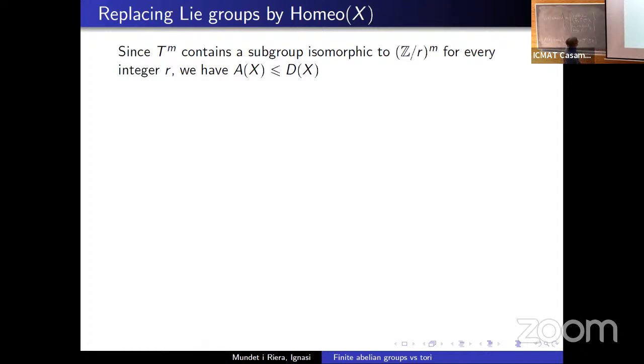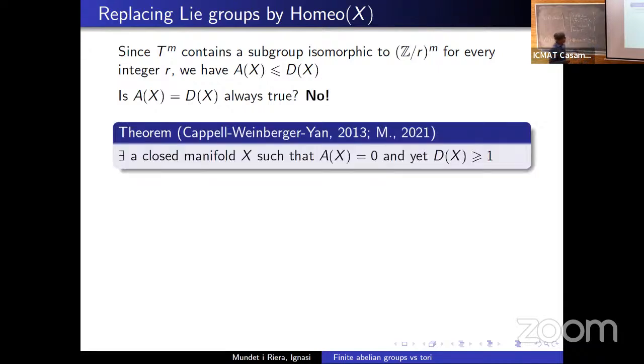Okay, and here we have this inequality by the same reason that I said before regarding holomorphic actions. So A of X is always less or equal to D of X, and we may wonder whether the equality between A of X and D of X holds always true, as is the case for holomorphic actions. And the answer is no.